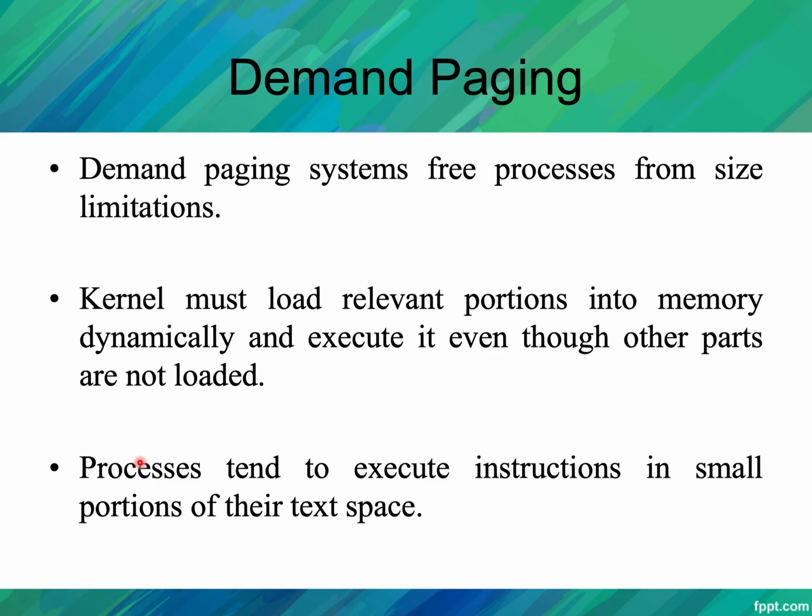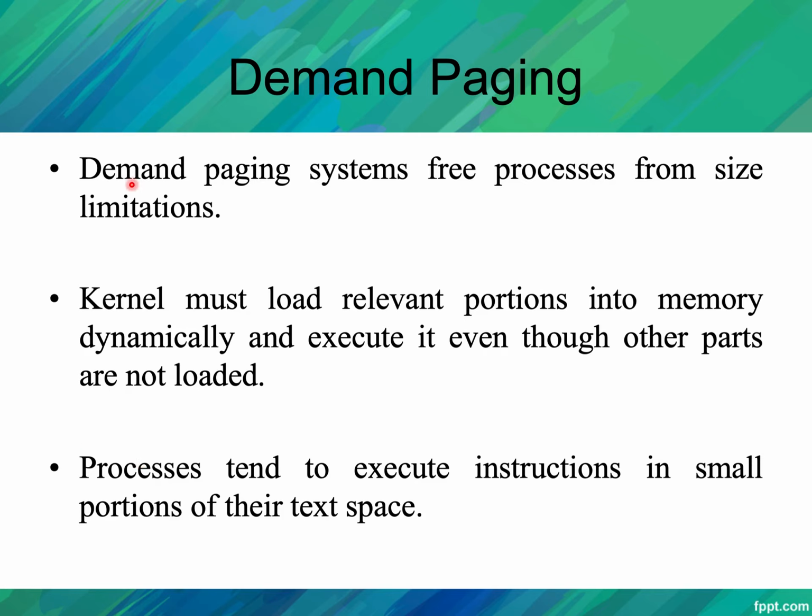It is possible, and such things are possible only through demand paging. Demand paging makes it possible by dividing the entire process into pages. Pages are equal size blocks, and it will load the necessary pages into the memory, and the remaining parts will not be loaded; they will be loaded into the memory on demand. That is called demand paging.